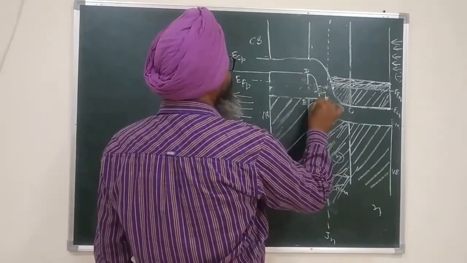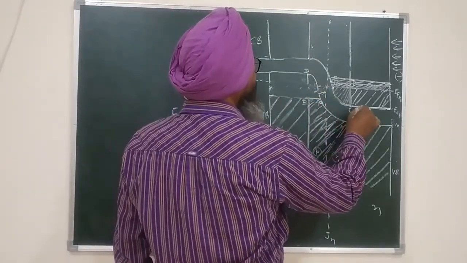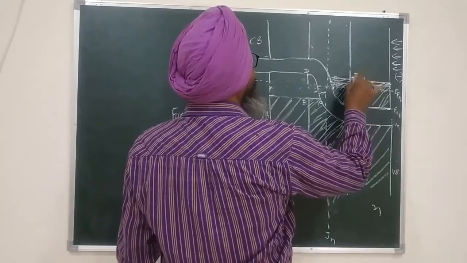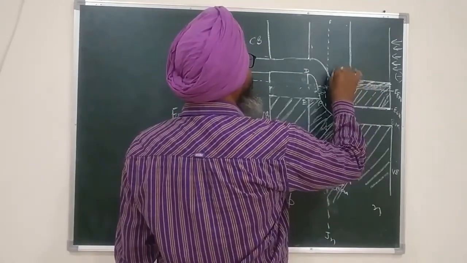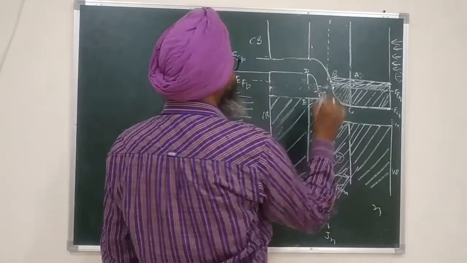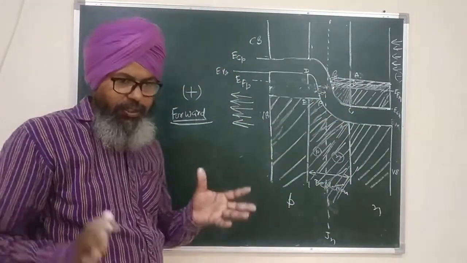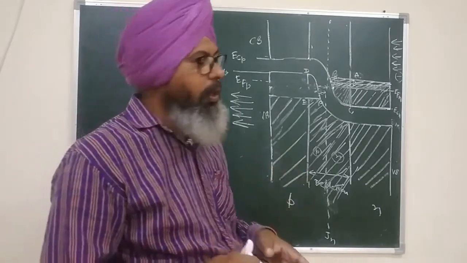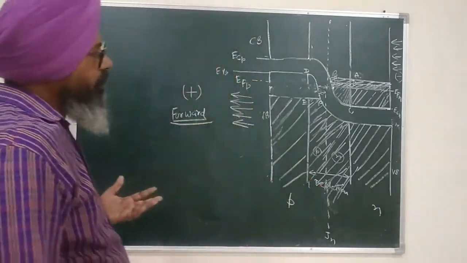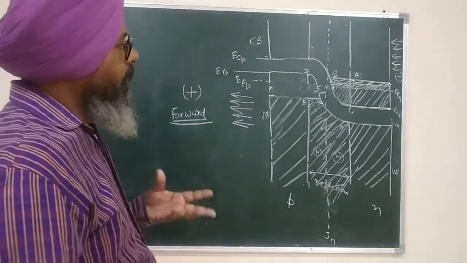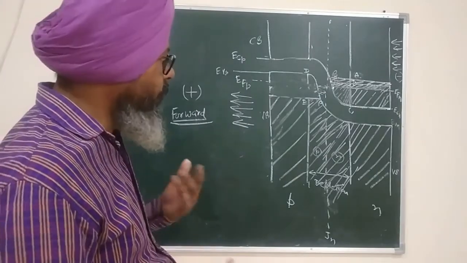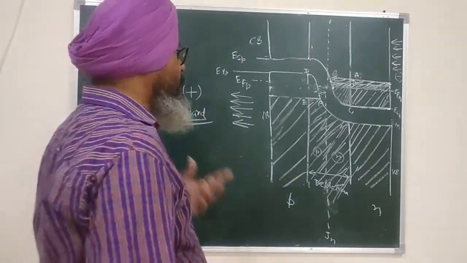This region is DEF. Now you can see as I am increasing the current, the region ABC and the region DEF are increasing in size and their edges are coming closer to the junction. And now you can very easily appreciate, if you continue to increase the current, a stage will be reached.